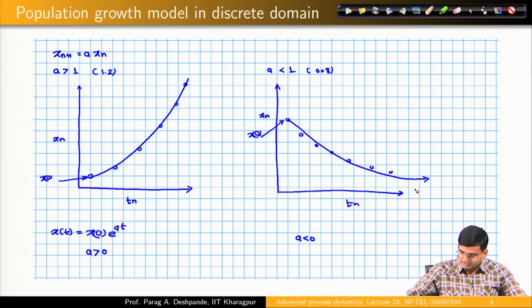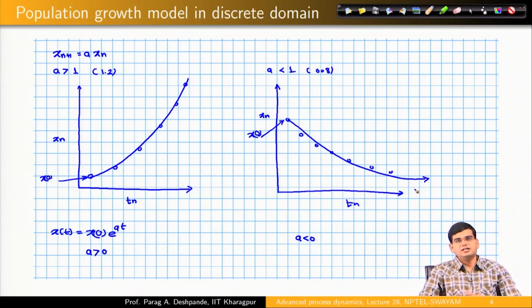So, what we have learnt in this particular lesson is that in fact, it is possible to model your population dynamics in discrete domain. Your population modeling comes from the fact that population at any instant of time comes from the population which was at the previous instant of time. Okay.